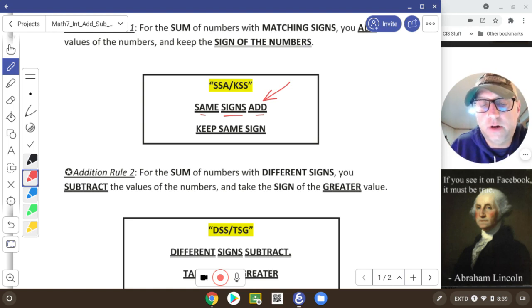Same sign, add. Positive plus positive, add them. A negative and a negative number, add them.